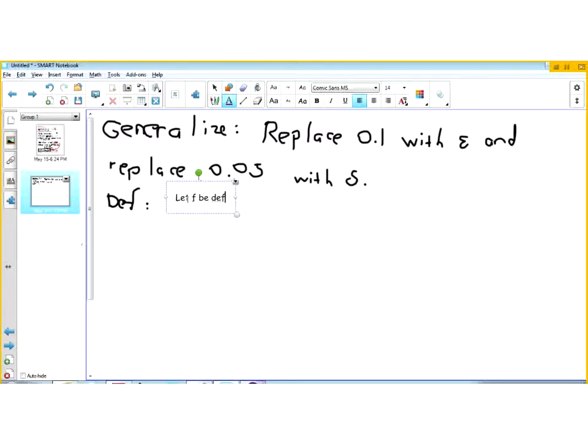Let f be defined on some open interval that contains the number a, except a itself. Okay, and we saw that in the previous example.